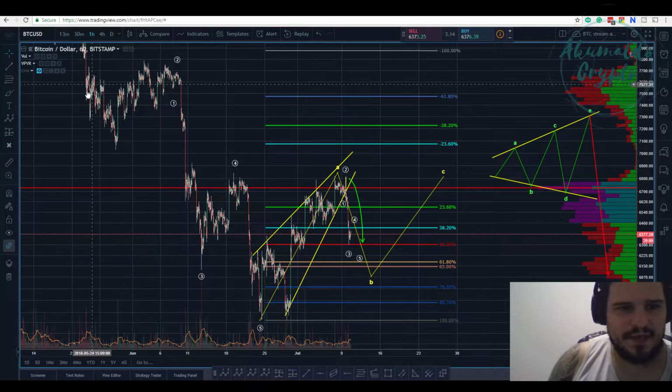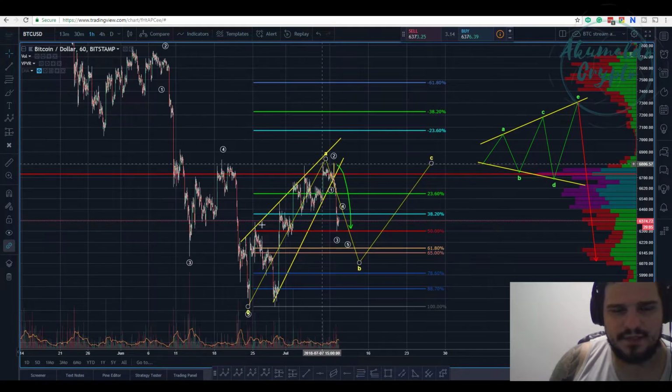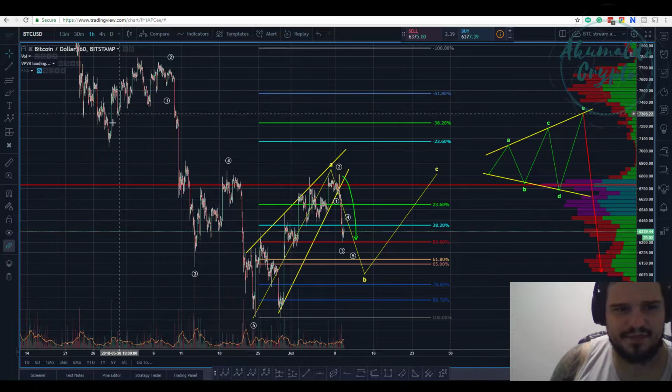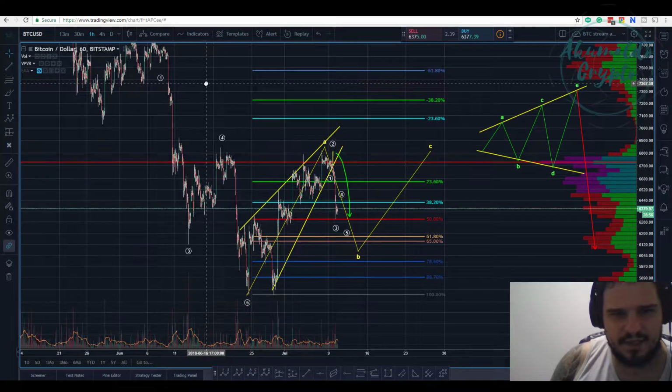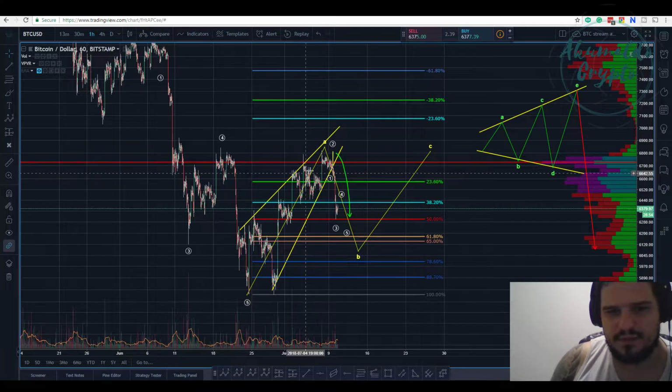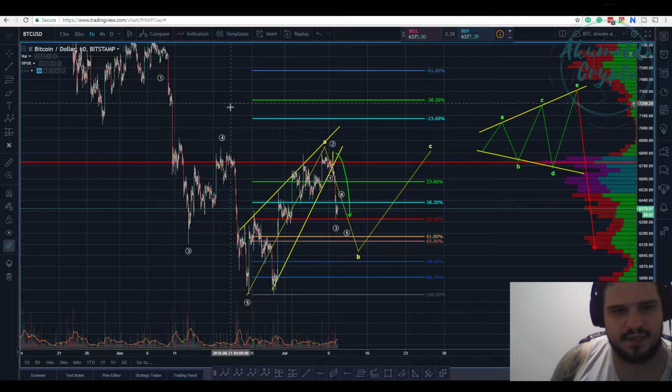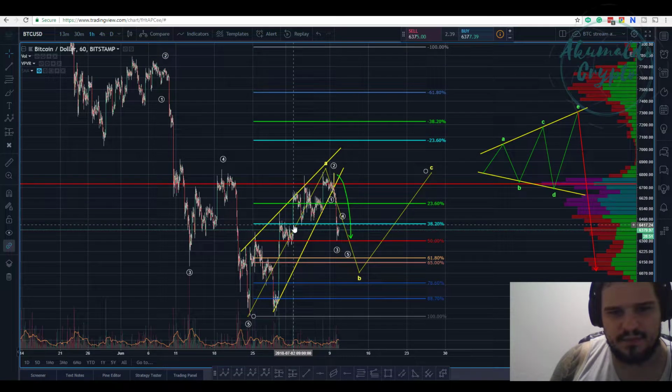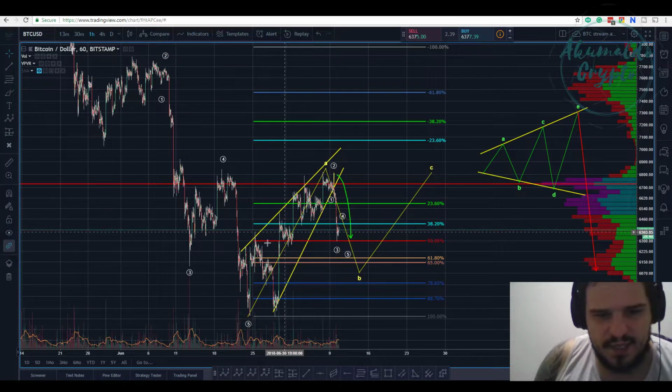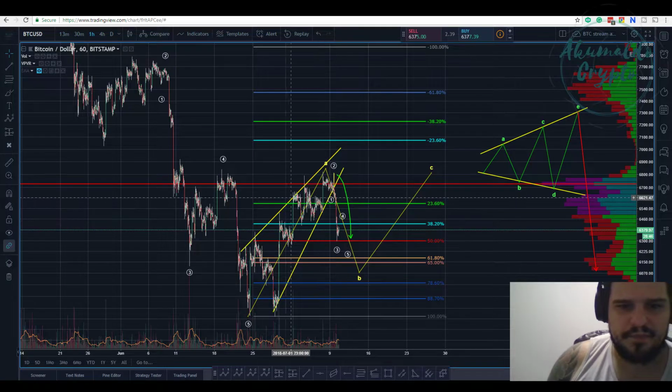Here we have a similar pattern. Here we have a really similar pattern, almost the same. This one took more time and was an elongated pattern, but it looks a lot like this one.